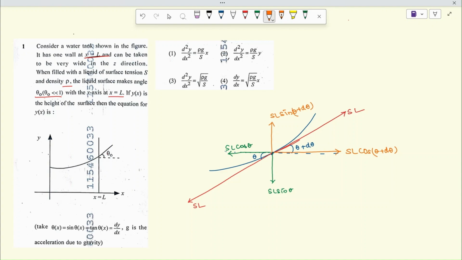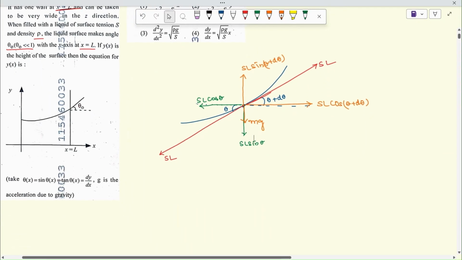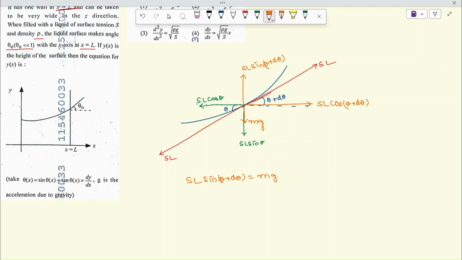And there is one more force acting here, weight, which is mg. Now you can see that along the vertical line, these three forces should balance. So what can we write? SL sin (theta plus d theta) should be equal to mg plus SL sin theta. Right?